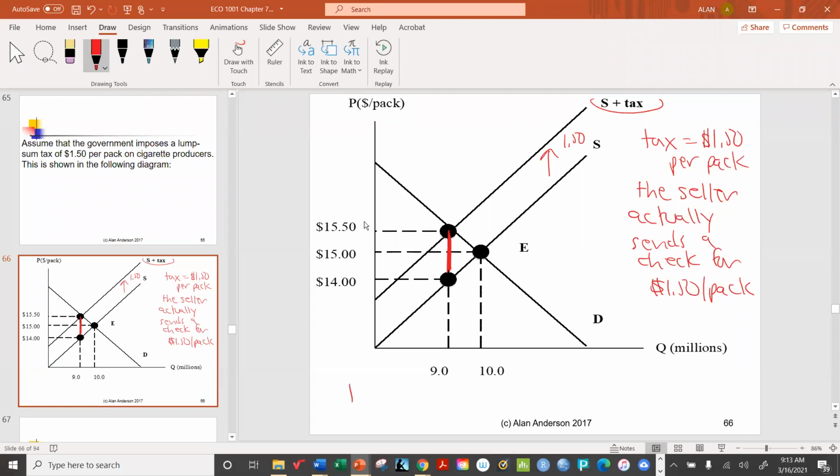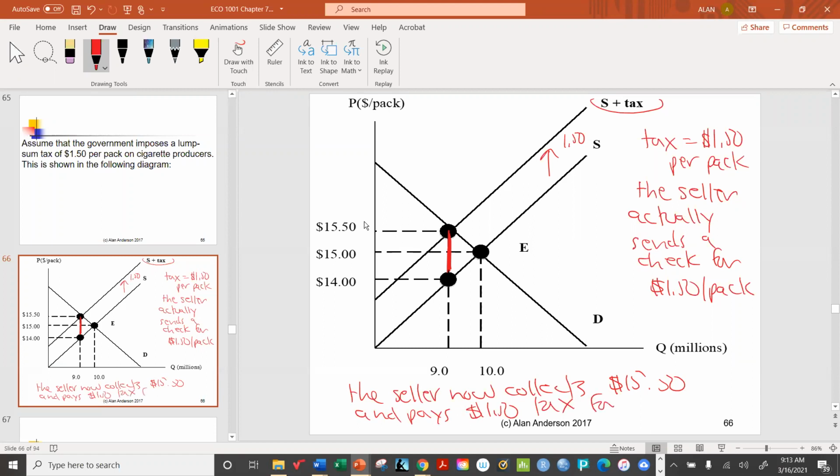So the seller now collects $15.50 per pack, but pays $1.50 tax for a net revenue of $14 a pack.